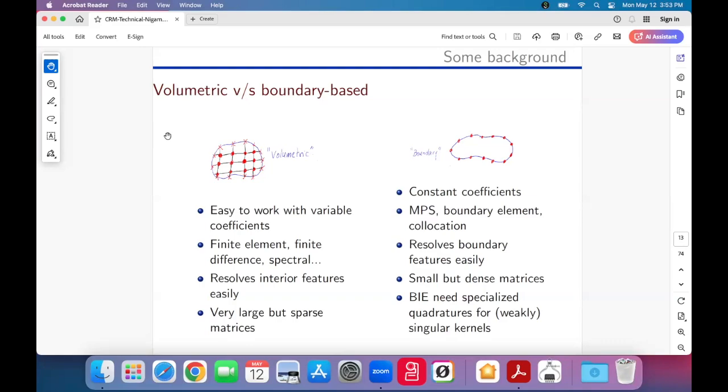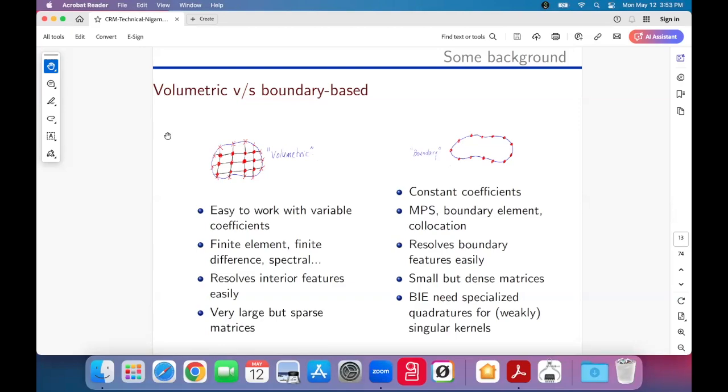For the boundary-based methods, they work really nicely on constant coefficient problems, for which you have a fundamental solution. They resolve features on the boundary really well. And if you can compute the density that defines your single or double layer operator, then you can reconstruct things in the interior.